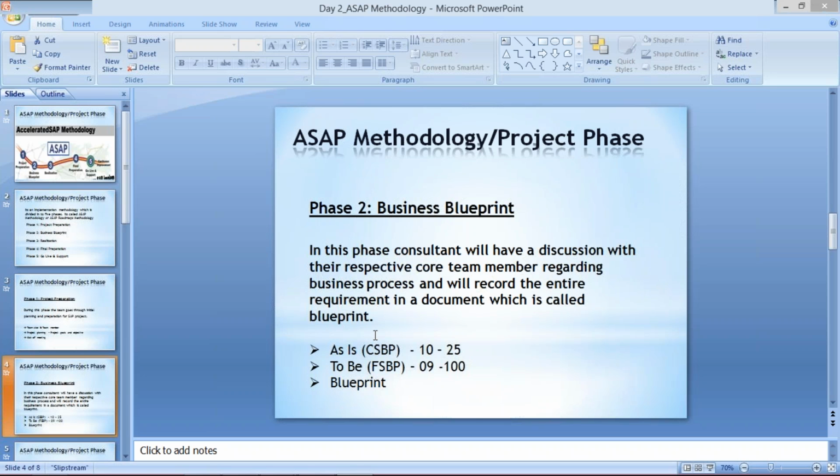If it goes by emails, then we will have a kind of documented proof.